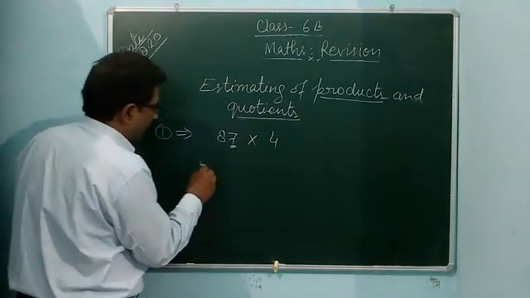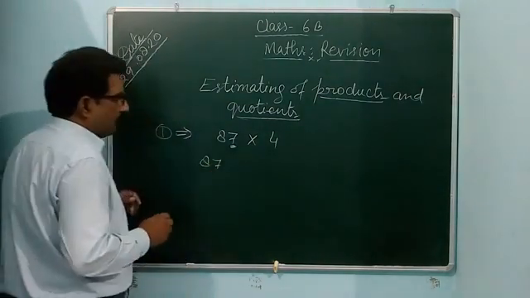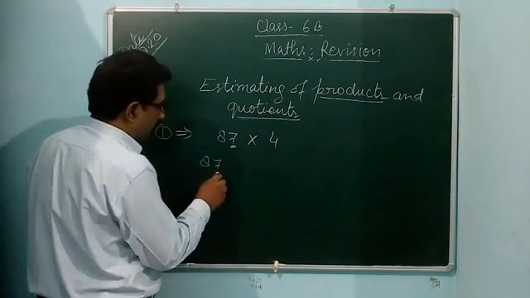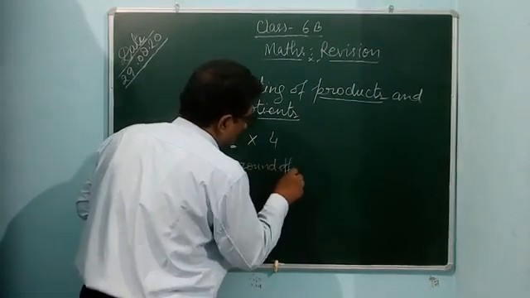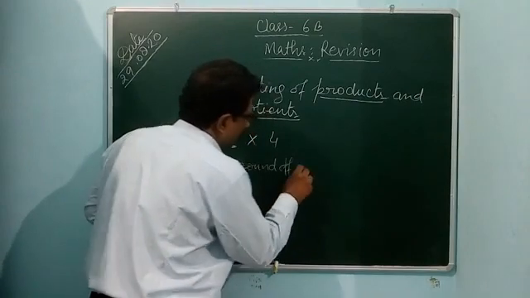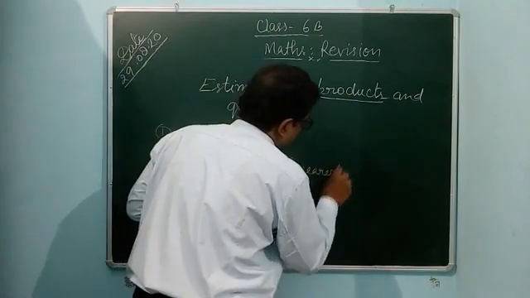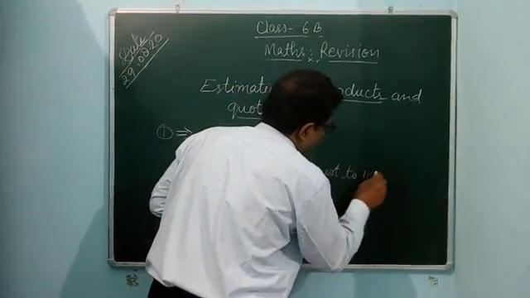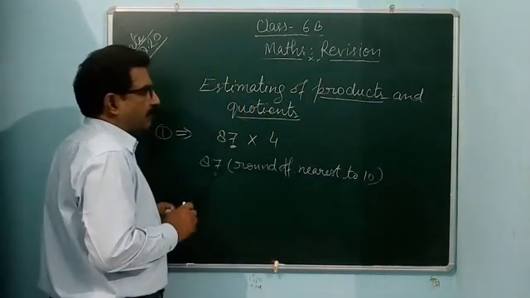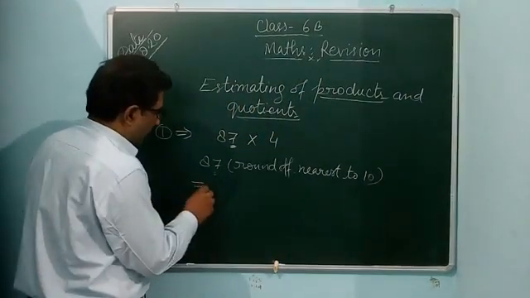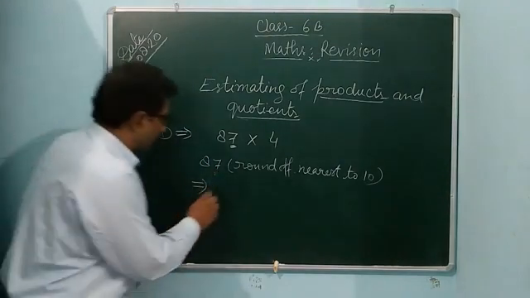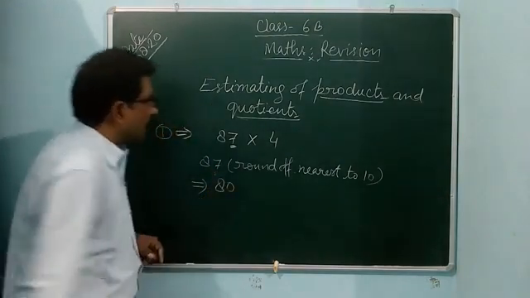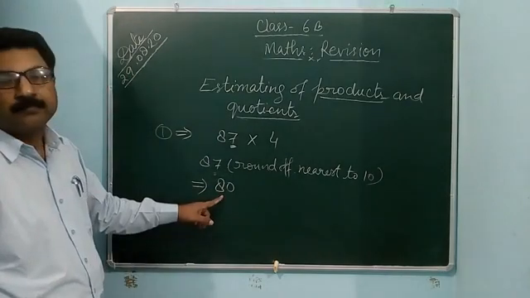So 87 rounded off to the nearest 10: 7 is more than 5, so it will be 80.